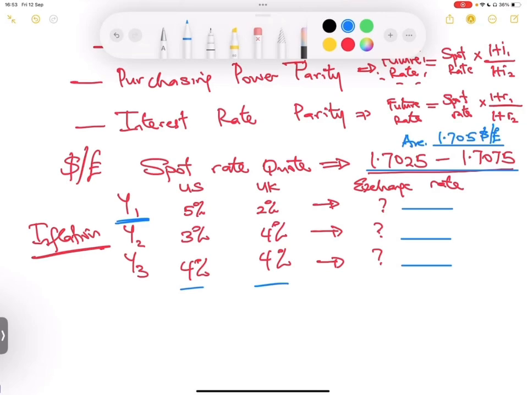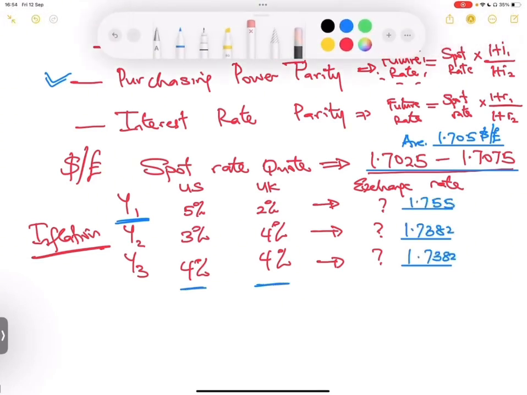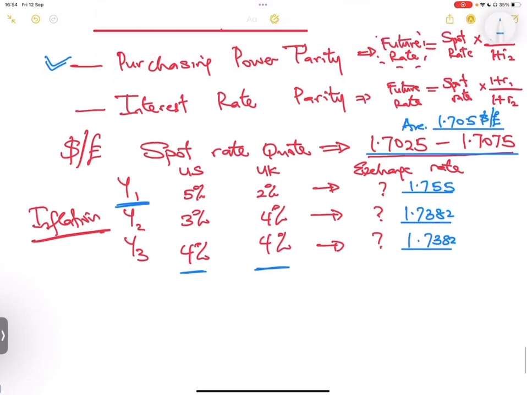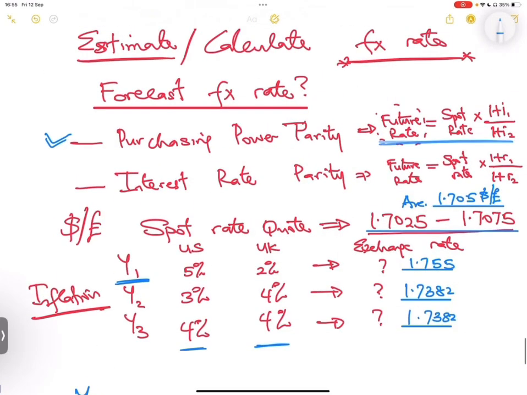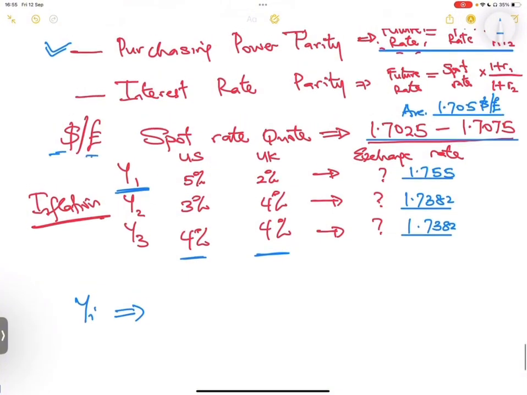Remember, you have the inflation figures here, so you need to apply your purchasing power parity to get the first year. I got year one is 1.755. Thank you. Let's quickly work it for the people that struggle a bit with it. The average spot is 1.705. Applying this method, because we have inflation, it's always the first currency divided by the second currency.